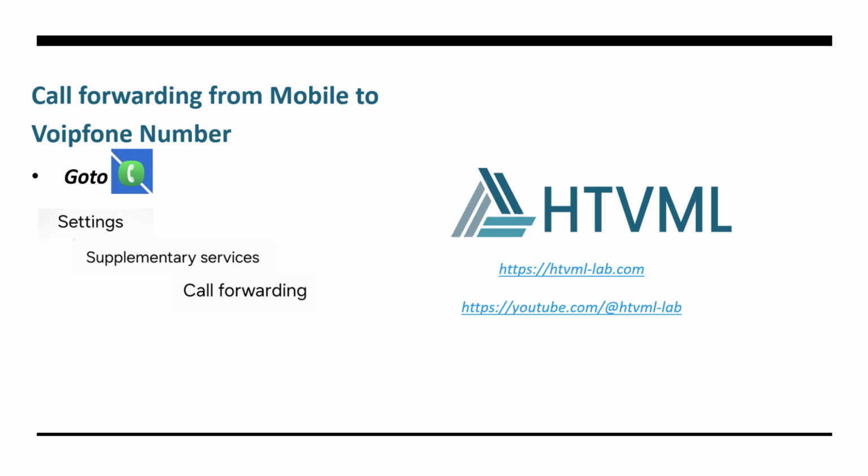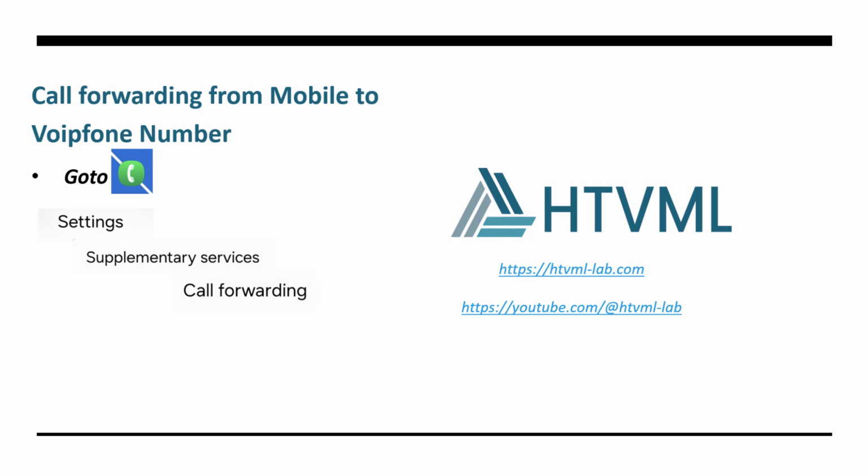But this one shows you that if a user has got a mobile number and wants to redirect all the calls from his mobile number over to the 3CX app, there would be no change in number. They would simply call your mobile number, and that will redirect to Voipfone, and then the background work happens seamlessly.